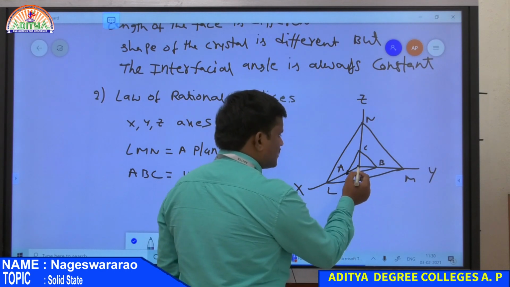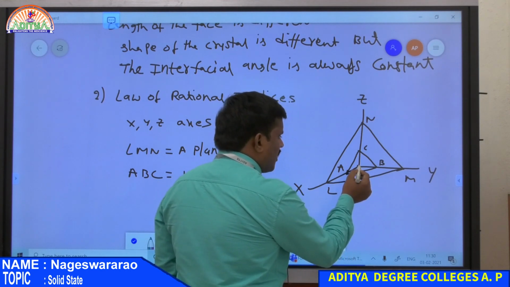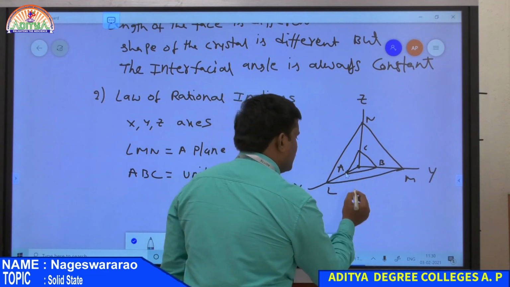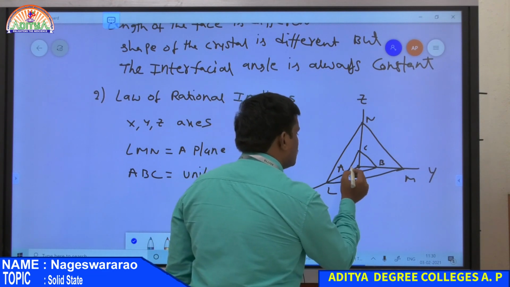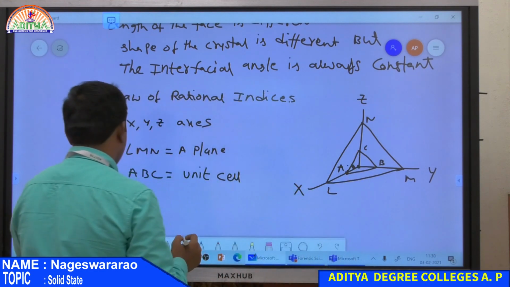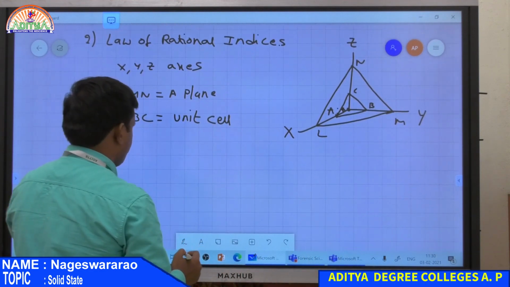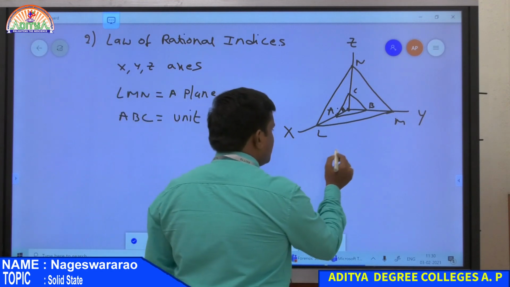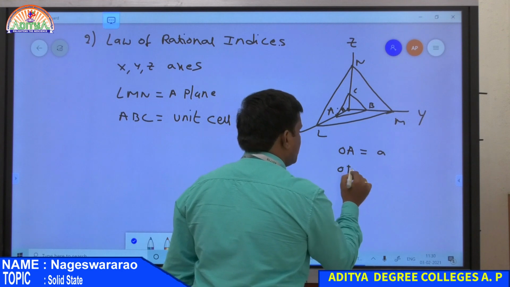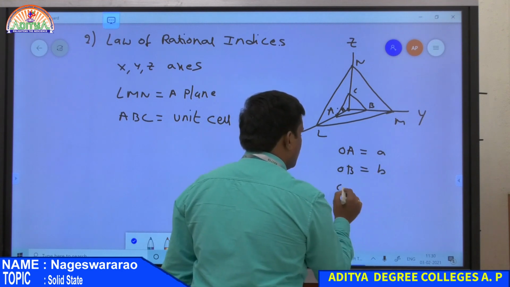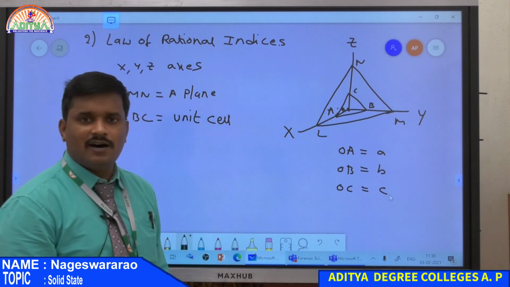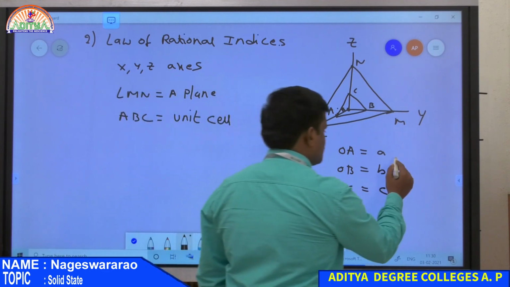So this is the origin, and the distance from the origin to the unit cell A face is small a. Let it be equal to small a. The distance OA is taken as small a, the distance OB is taken as small b, and OC is small c, where a, b, c are the intercept values.